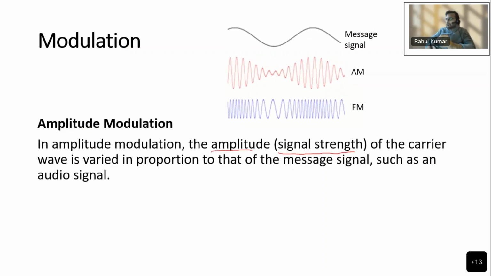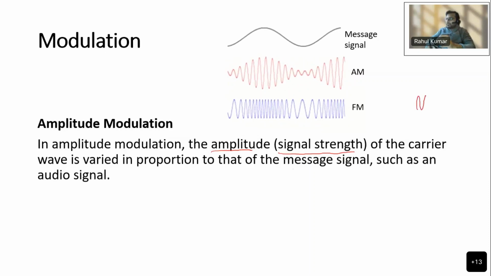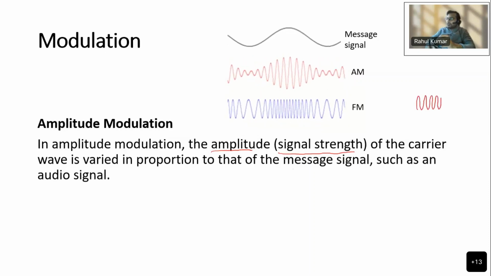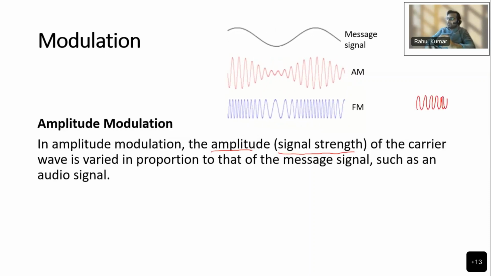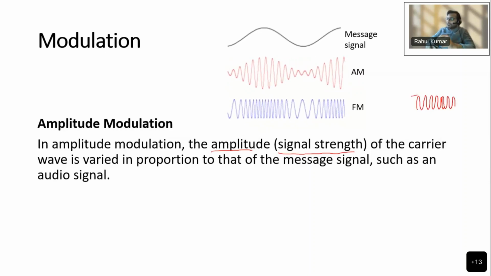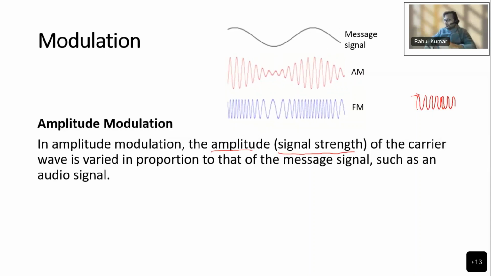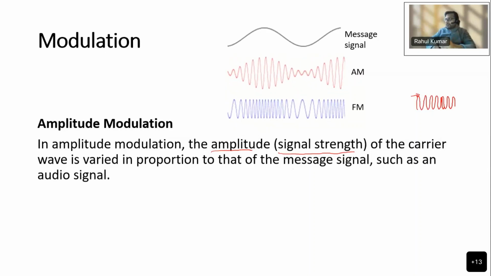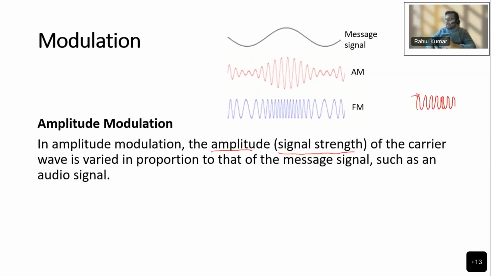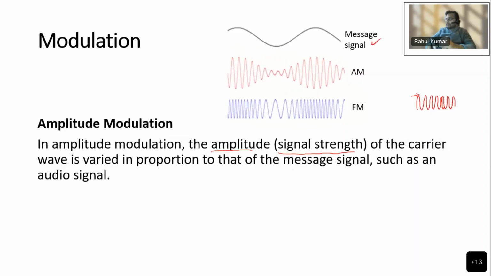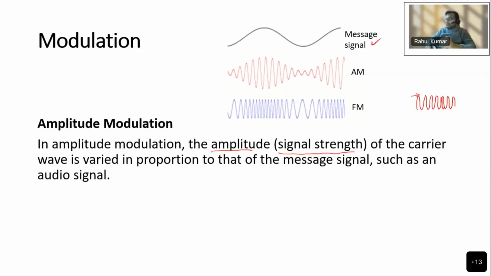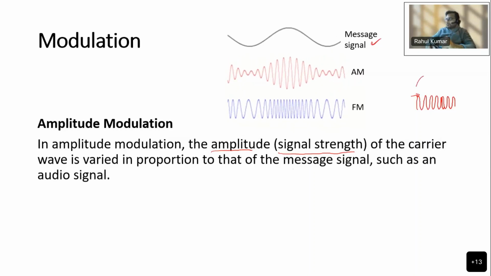The carrier wave is a simple oscillating wave of constant amplitude and constant frequency. According to our message signal, we change the amplitude.